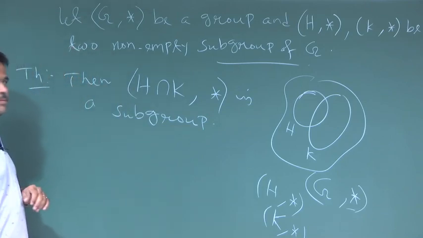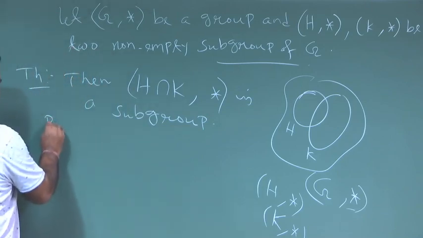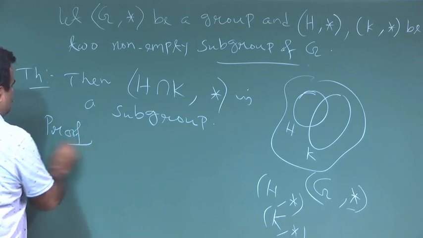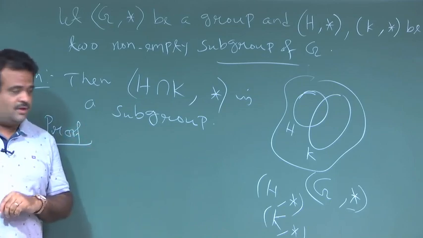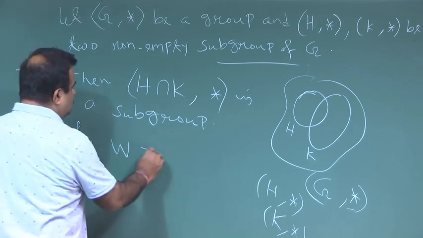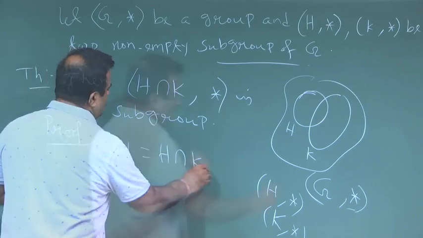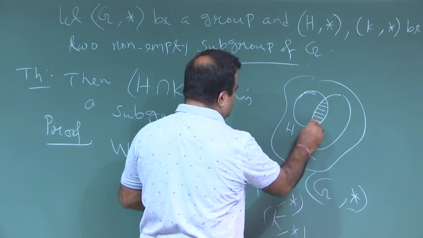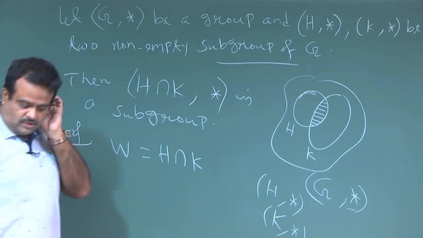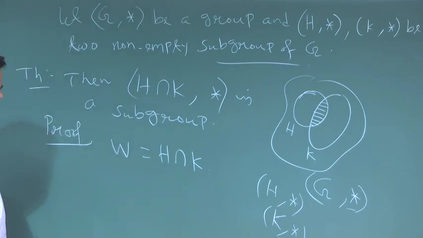So, this we have to prove, this we have to show first. How to prove this? First of all we need to show this intersection is non-empty. So, suppose W is the intersection. Why is this non-empty?